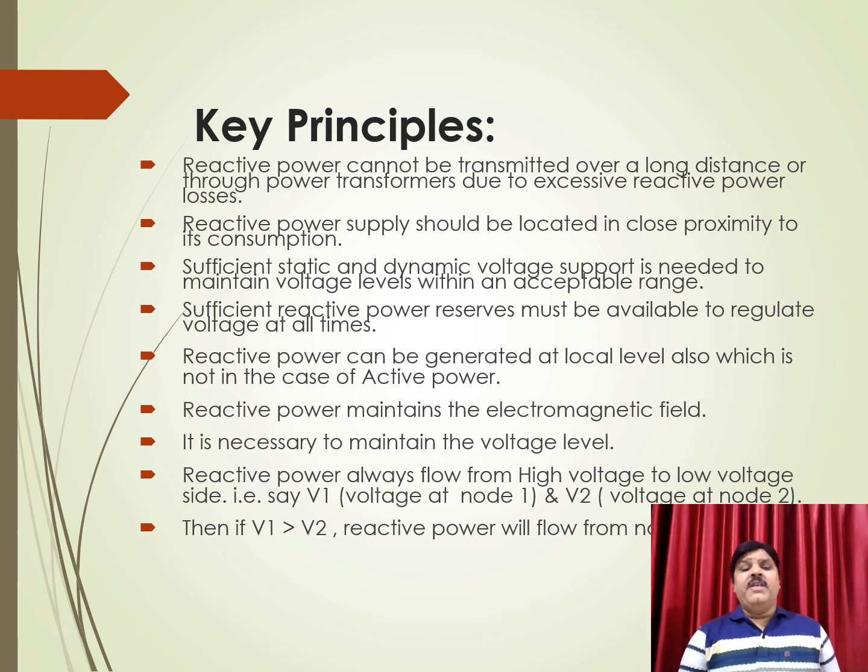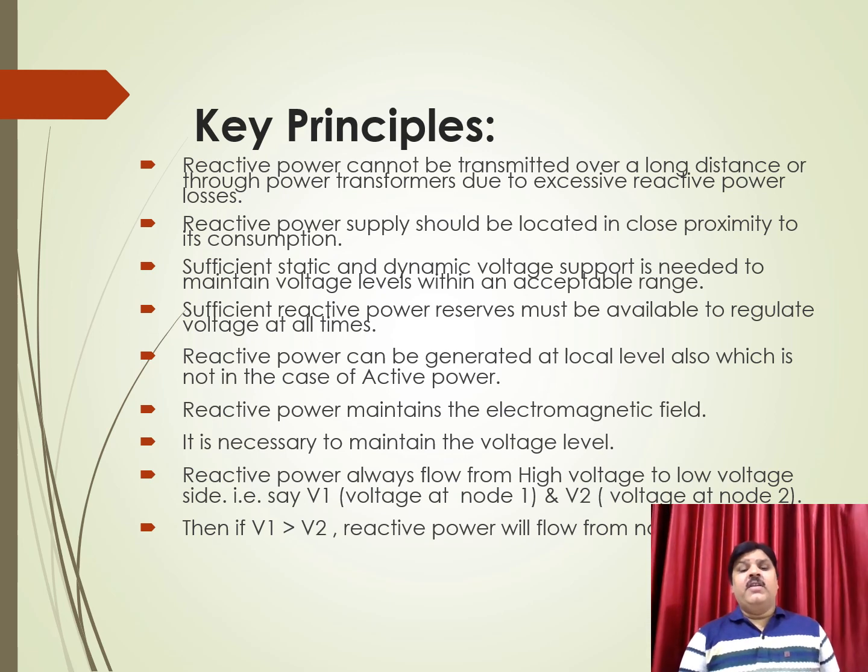So the basic principle of reactive power flow is this: for two connected substations, if the voltage of station A is V1 and the voltage of station B is V2, and V1 is greater than V2, then reactive power will flow from station A to station B, that is, from the high voltage to the low voltage side.